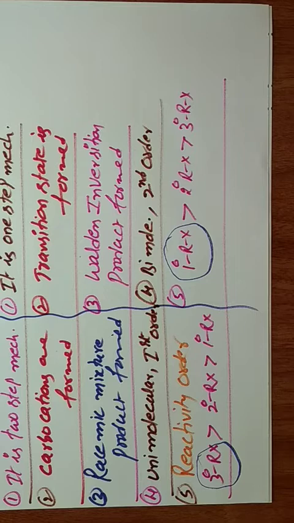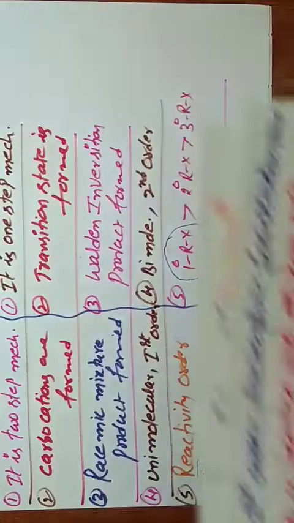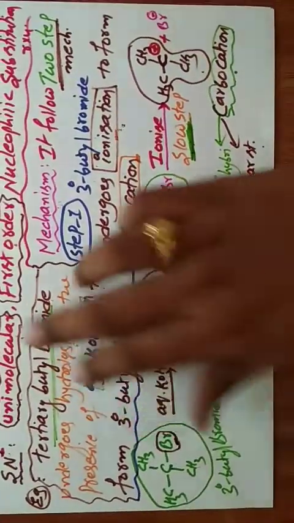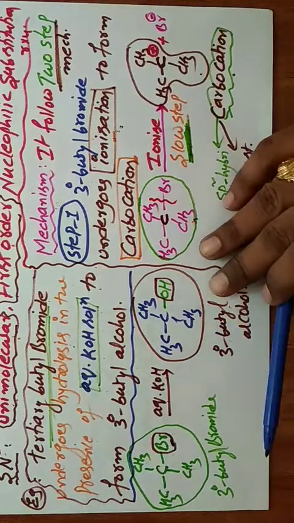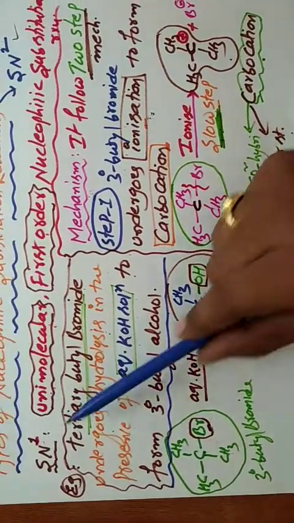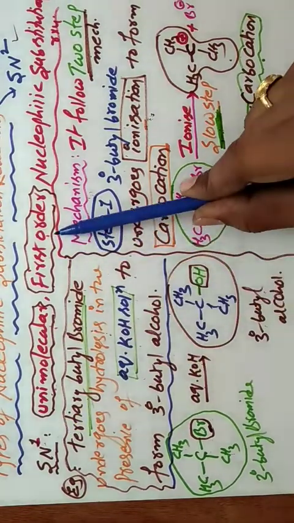So nucleophilic substitution reactions are of two types, SN1 and SN2. Now we discuss SN1, unimolecular first order nucleophilic substitution.